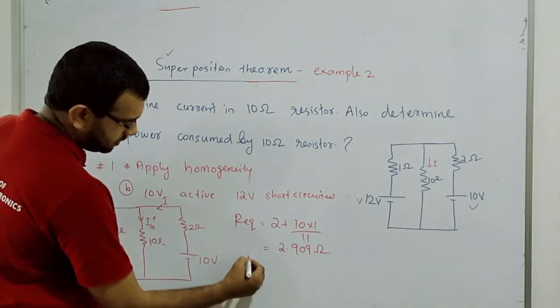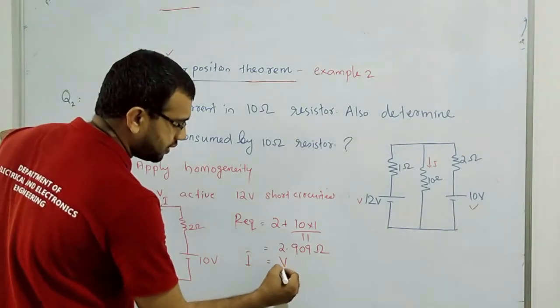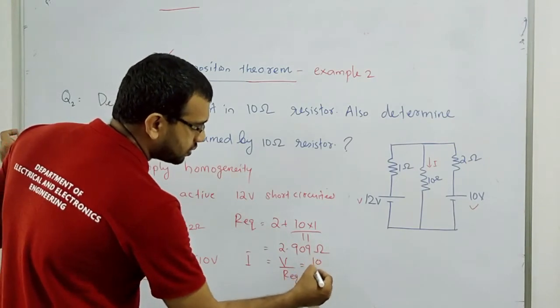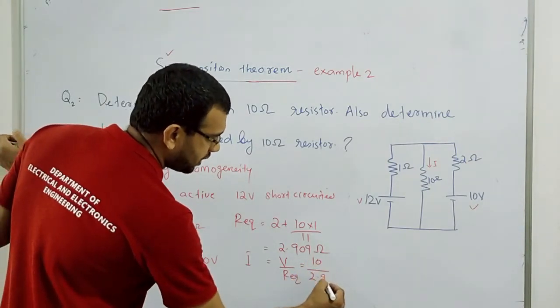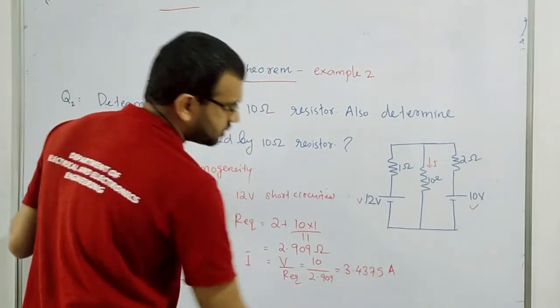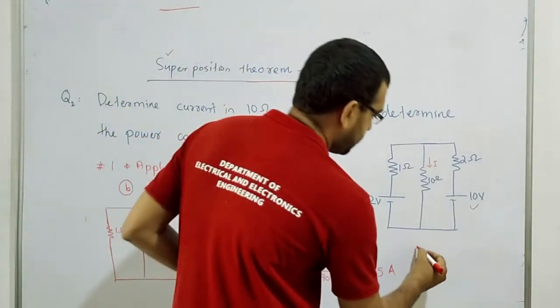What is this current I under this condition? Voltage divided by R equivalent. What is the voltage? 10 volt. R equivalent is 2.909, which is coming around 3.4375 ampere. Now we need to find I10 double dash.